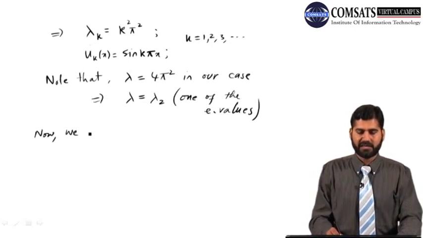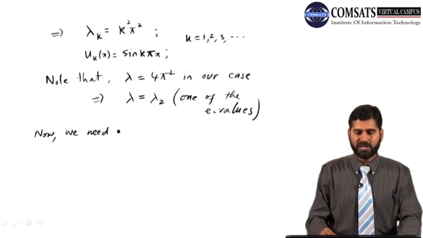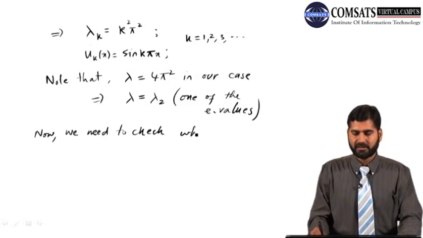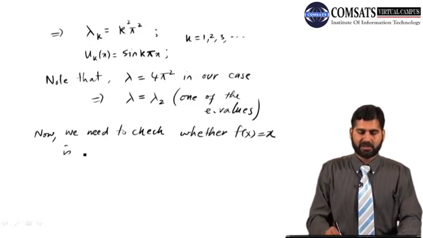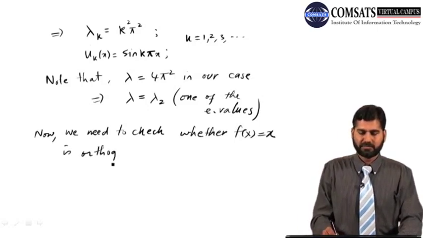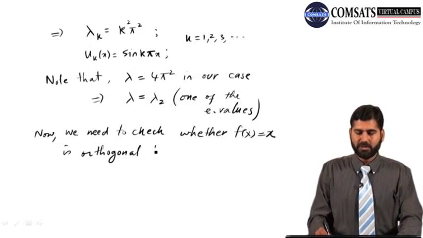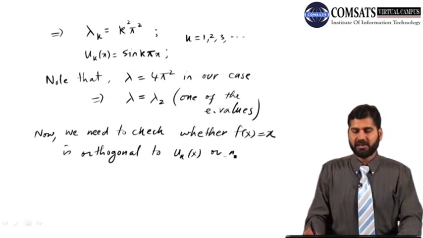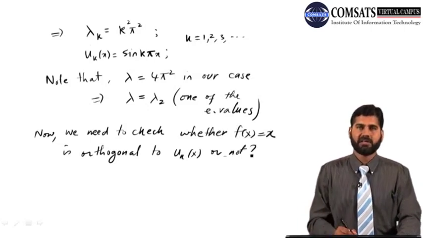Because lambda came out to be an eigenvalue, we need to check whether f(x), which is x in our case, is orthogonal to u_k(x) or not.